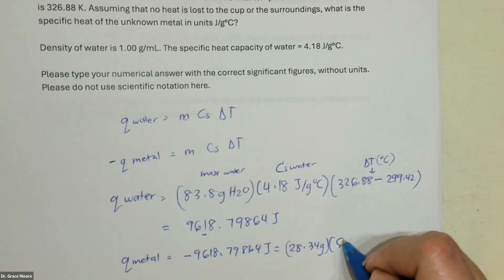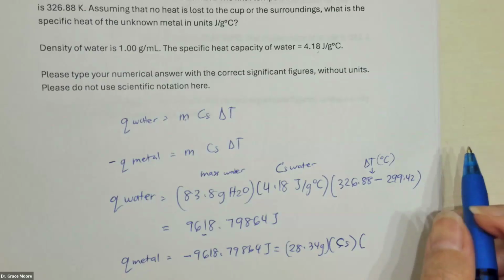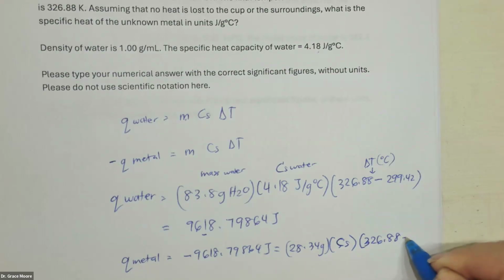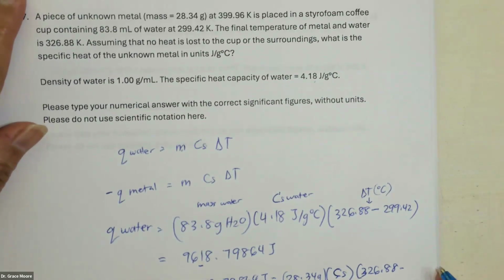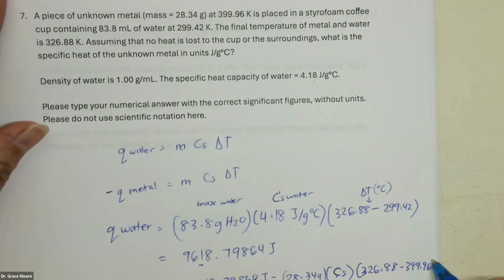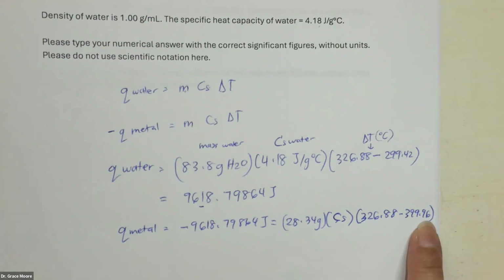Cs of the metal is what we're looking for. And then the temperature is final, 326.88 minus the initial of the metal, 399.86. Again, that's the delta T for the metal, Cs of the metal, mass of the metal.